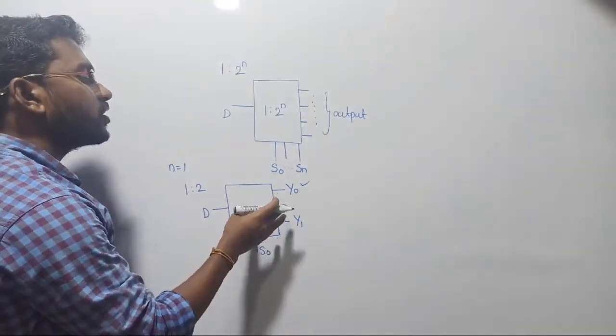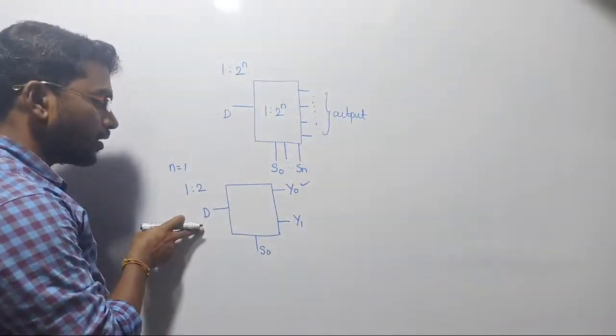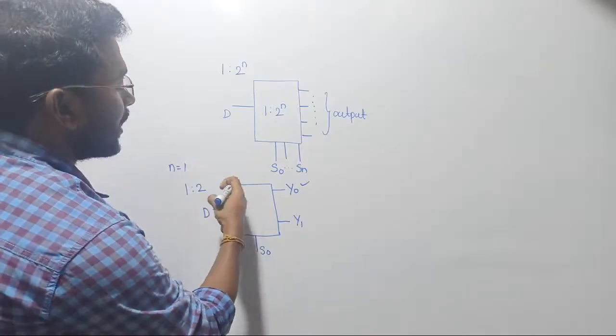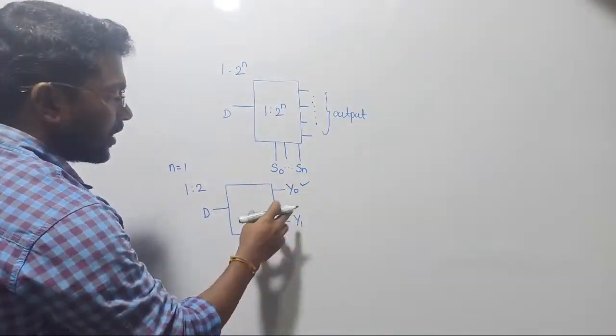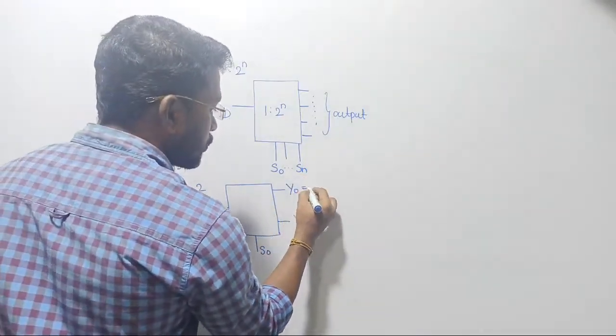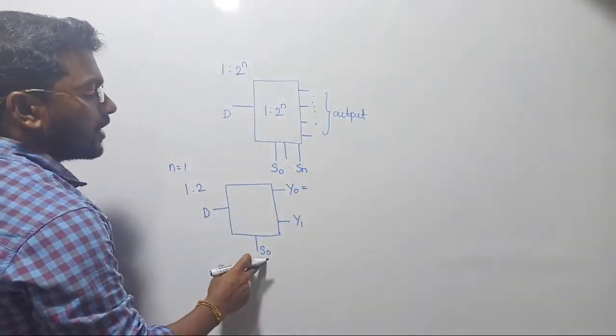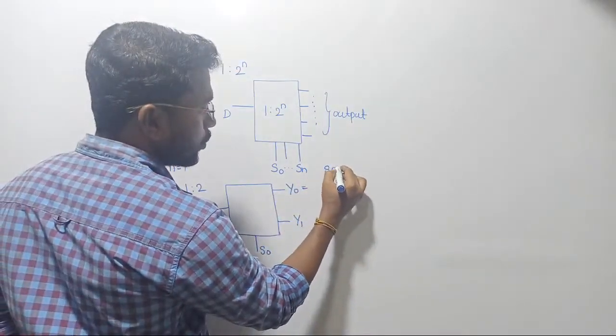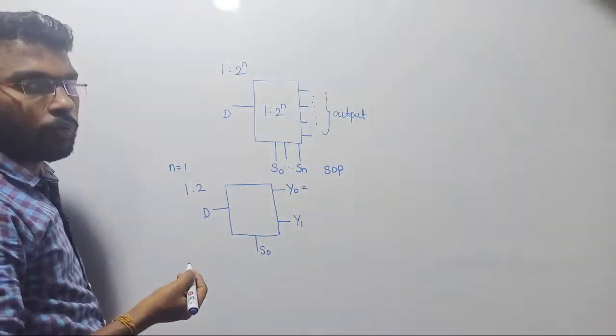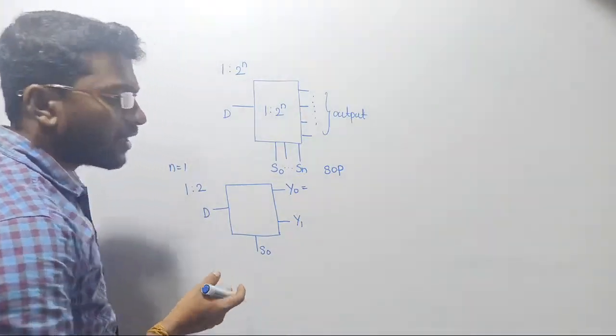So we are going to distribute the collected data to various people at the receiving end. Let's see how we are going to receive the output here. Now what will be Y0? At S0 equal to 0, data will be selected. Once again, I would like to write this in SOP format, that is sum of products or minterm. In a minterm, usually we are not allowing zeros.